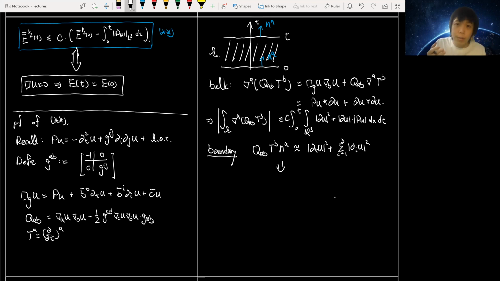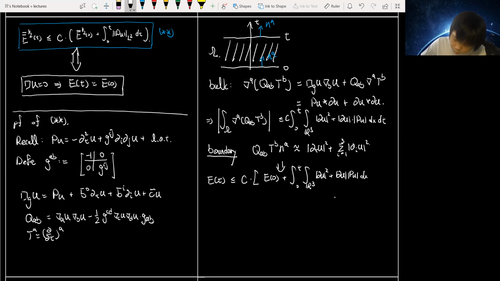So putting them together, the divergence theorem tells us the energy at a later time is bounded by a constant times the initial energy plus the integral over 0 to T and R3 of du squared plus du Pu dx dt.